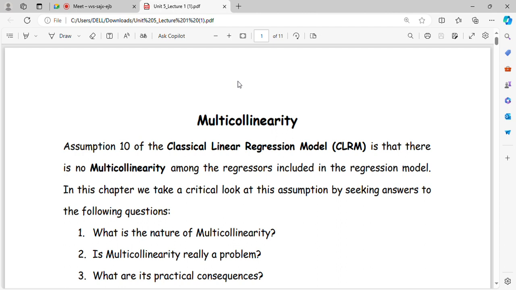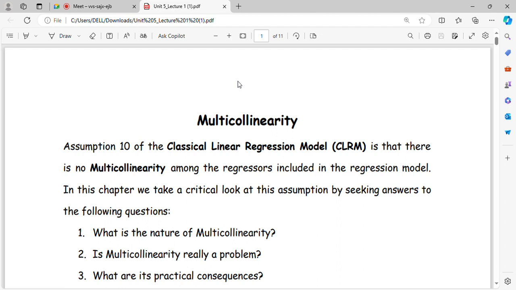Okay, so multicollinearity. In econometrics, one important assumption when we consider the multiple linear regression model is that there is no multicollinearity. When we consider the classical linear regression model with more than one x variable, we assume there is no collinearity between two x variables.